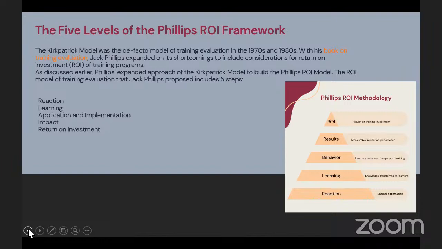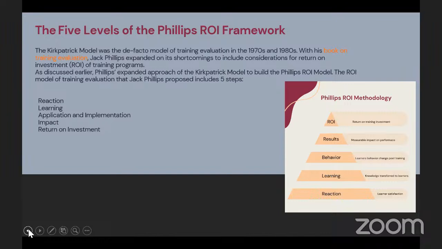The other is learning. Whatever you as a trainer are teaching or training your staff, how much are they able to learn, how much are they able to adapt? Third is behavior. After your training programs, how are they implementing, and how are they getting used to whatever training has been done for them?